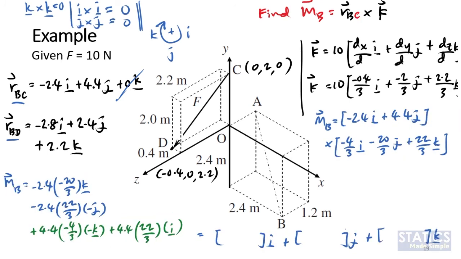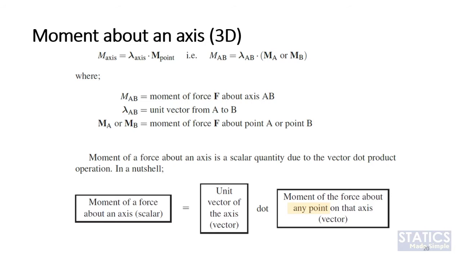Since everything is clear, I will proceed with moment about an axis. So what's the difference between moment about a point and moment about an axis? In 2D form, let's say you have the x, y plane, and this will be your z-axis.